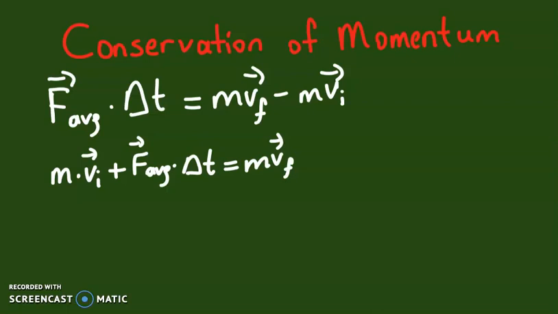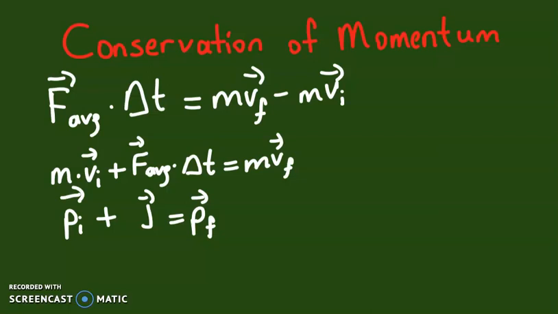So from there I can put here, this is pi, which means initial momentum, equals j, which is impulse, and this is pf, which is final momentum. So that is my general equation.